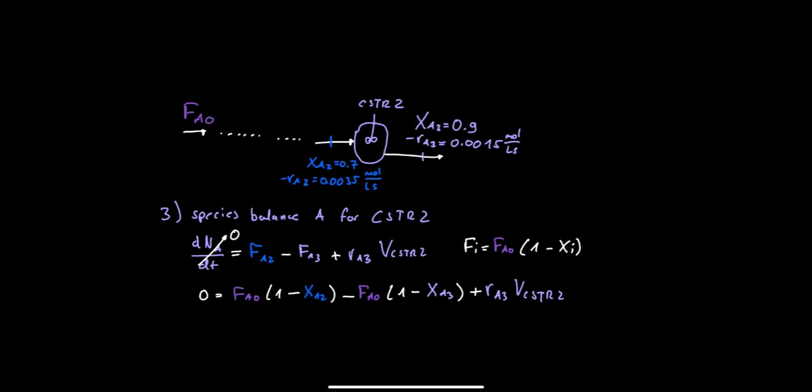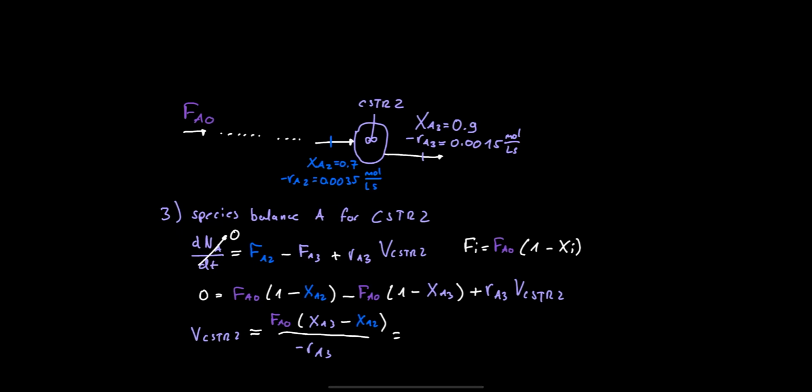In the previous task I rearranged the equation to solve for VCSTR, so we will use the same procedure as for VCSTR1, resulting in VCSTR2 being equal to FA0, in parentheses, the conversion A3 minus conversion A2, divided by negative RA3.